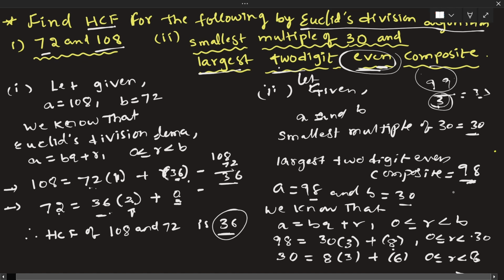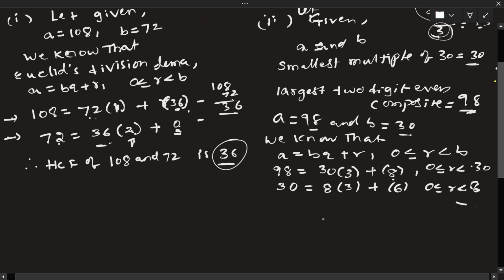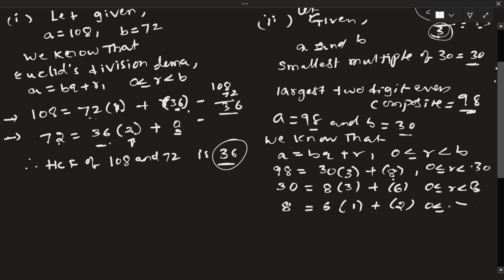Next, the same statement we apply again: the divisor 8 becomes the dividend and the remainder 6 becomes the divisor. How many times? Only one time. What is the remainder? 2, where 0 ≤ r < 6.